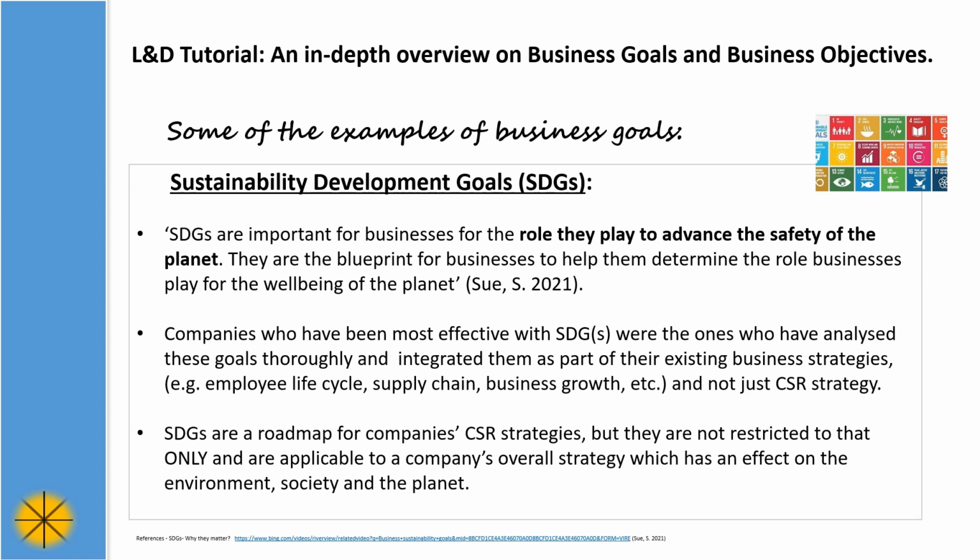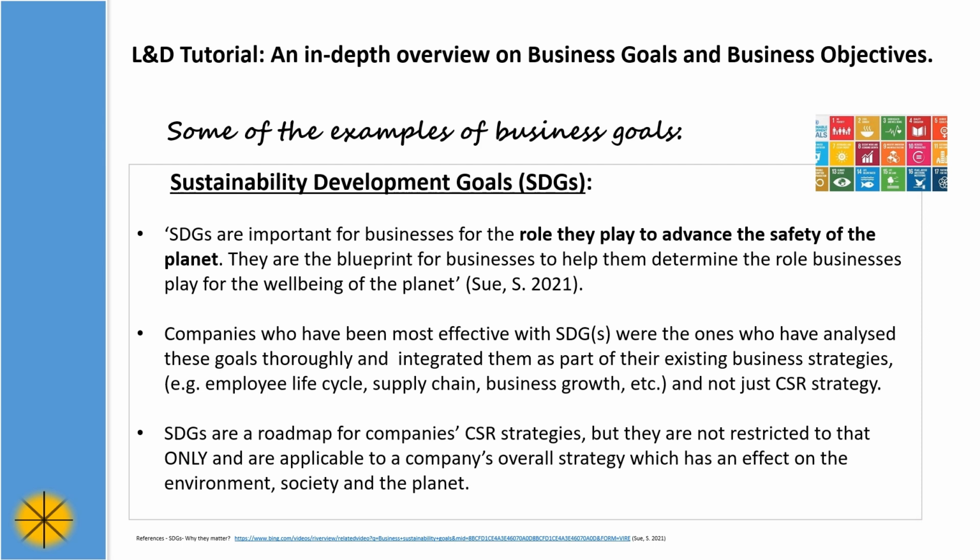Sustainable development goals are another form of goals which are very important for businesses because of the impact they have on the planet. They play an important role for the safety of the planet, and they work as a scheme for businesses to help them determine the role businesses can play for the well being of the planet.